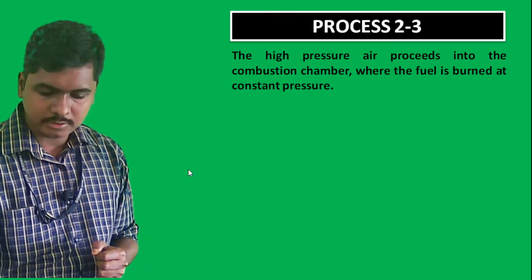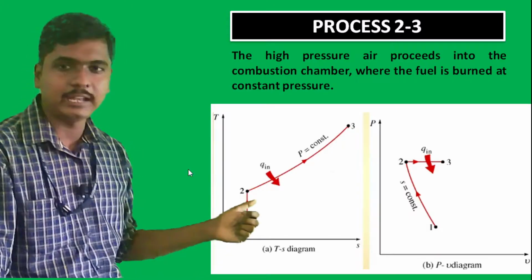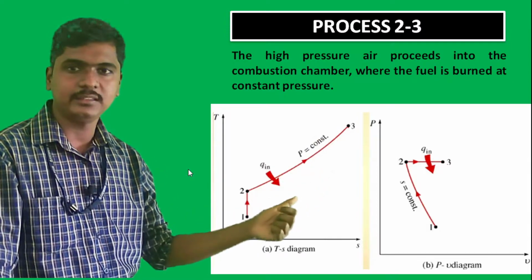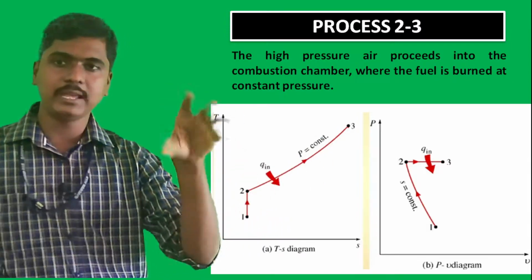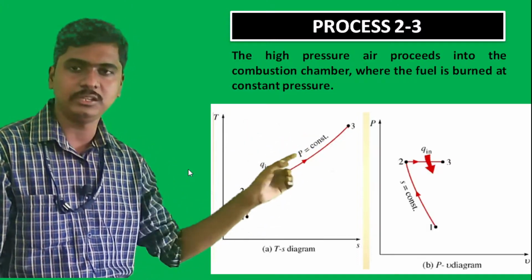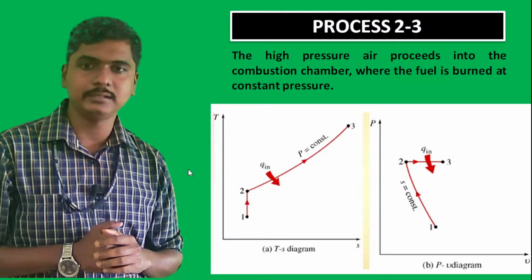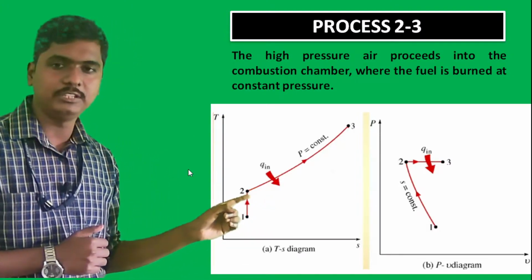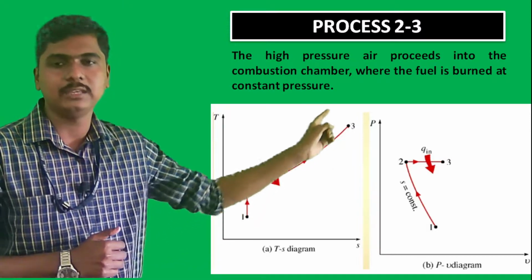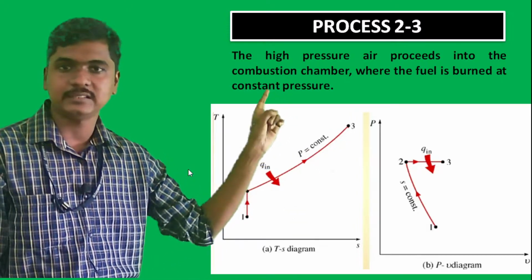If we plot it in the TS and PV diagram, it will look somewhat like this. Just see process 2 to 3. Here pressure is constant, and since we are supplying the fuel, burning of the fuel will take place in process 2 to 3. If burning of the fuel takes place, more heat will be generated, and the temperature during process 2 to 3 will gradually increase at constant pressure.